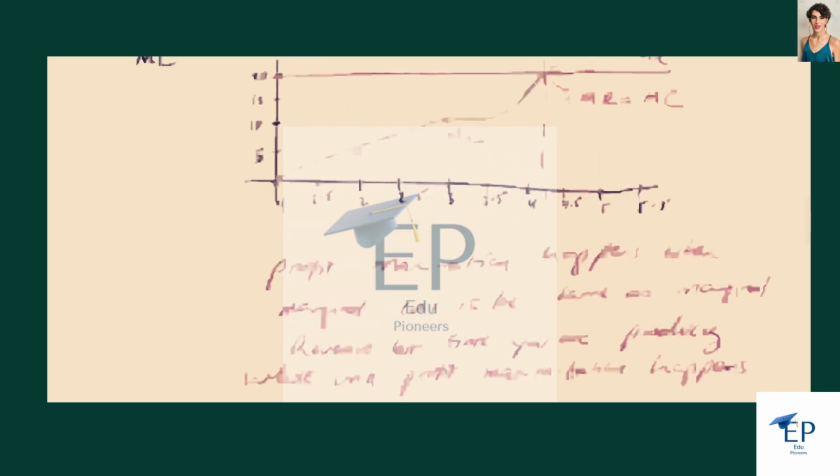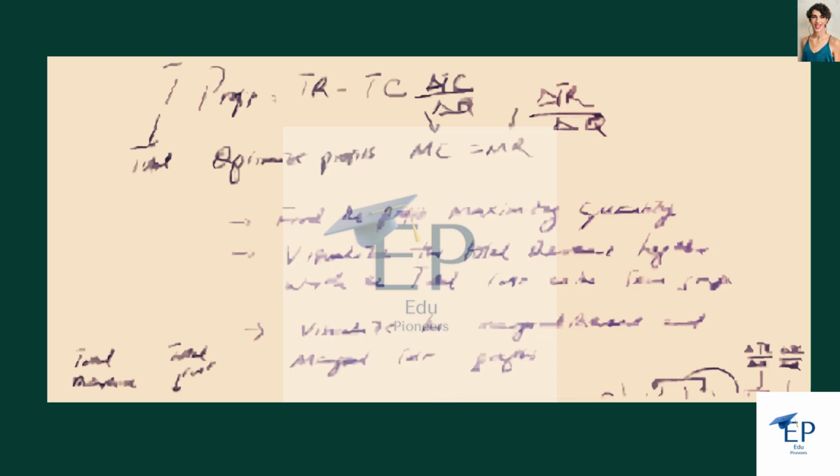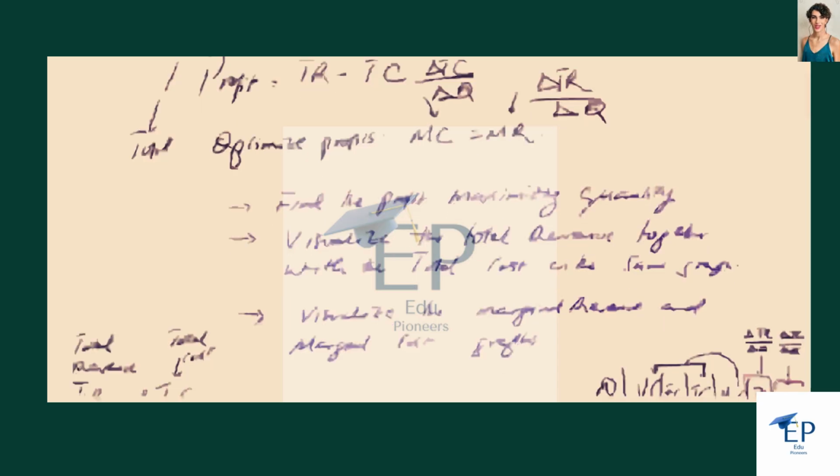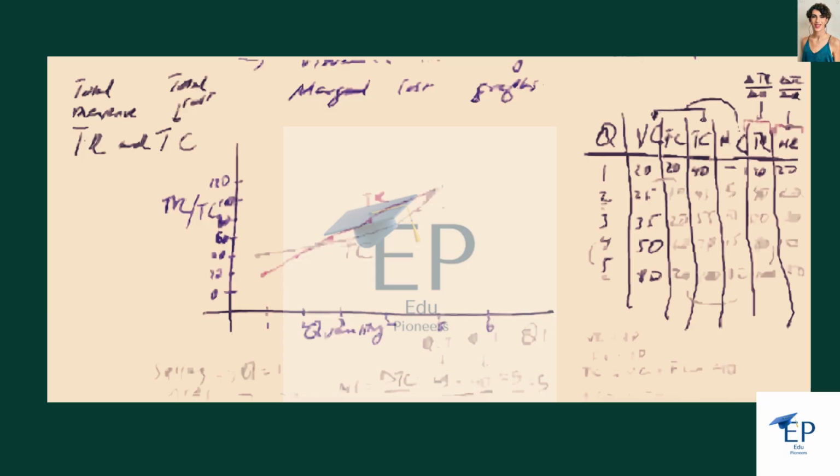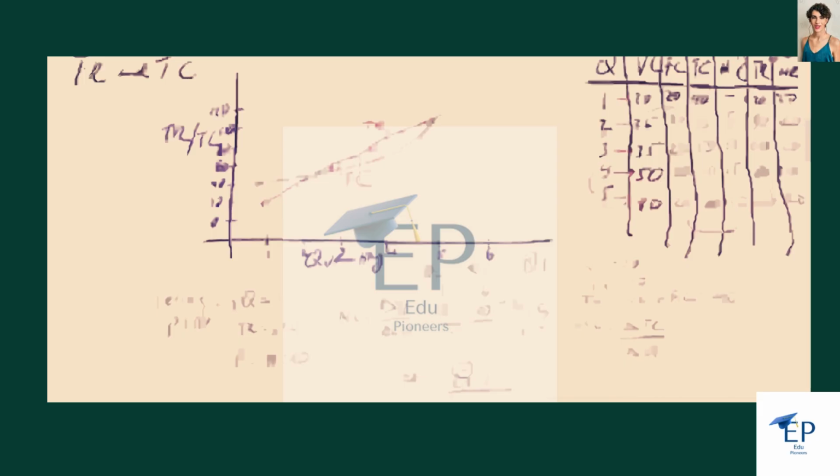So once again, we had an economic problem where we were given a series of items. We had one item costing $20, 2 items $25, 3 items $35, 4 items $50, 5 items $80, and each one of the items had a price of $20 to be sold.